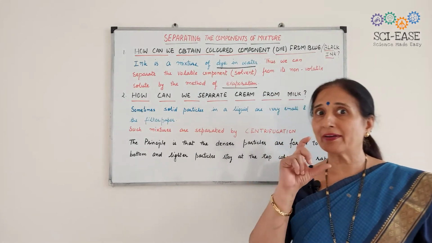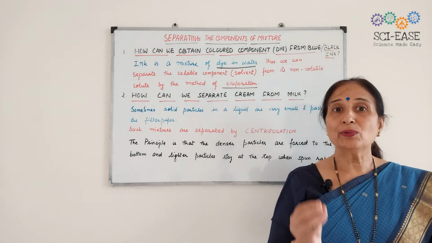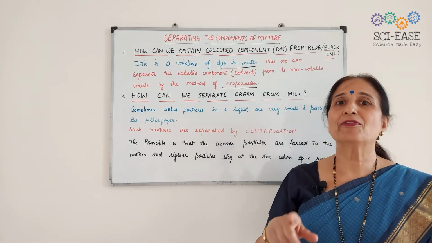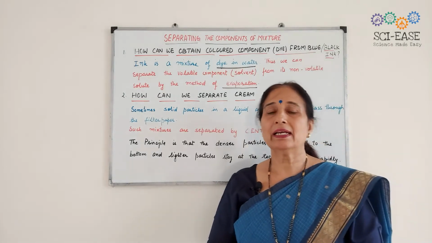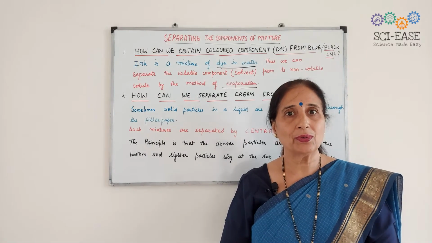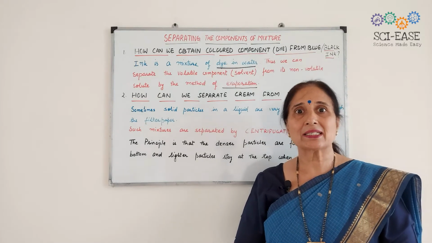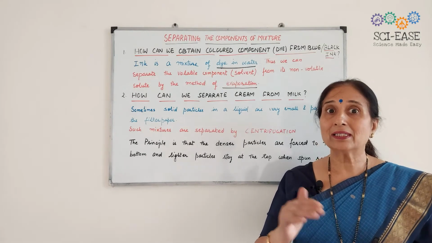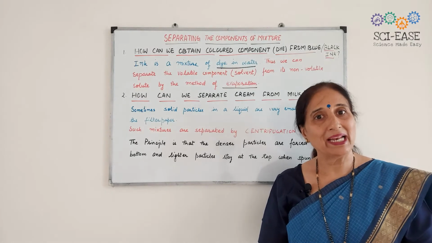So you take full cream milk in a test tube and by using a centrifuging machine, you can centrifuge it for 2 minutes. If that machine is not available in the lab, you can perform this activity at home. You can use a milk churner or mixie for it. What you will observe is that the butter will be separated from the milk.